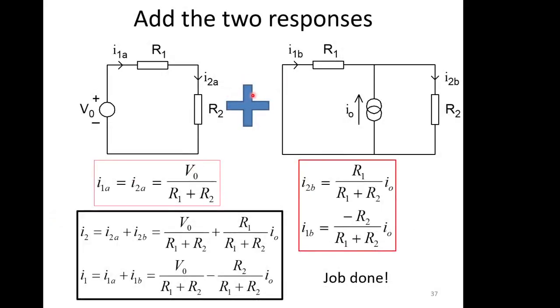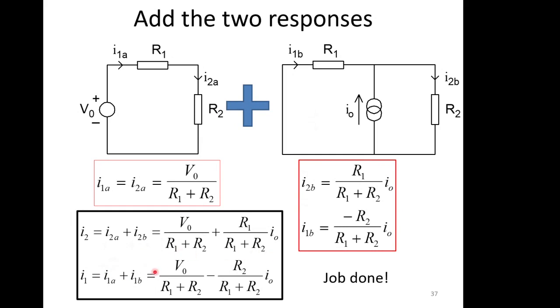And then we can just add those two responses together. So this is the response with the current source suppressed. This is the response with the voltage source suppressed. In this case, I1A equals I2A equals 0. I1B and I2B are equal to whatever we define them as being. And then to get the overall currents in the complicated circuit, we just add the individual currents together.